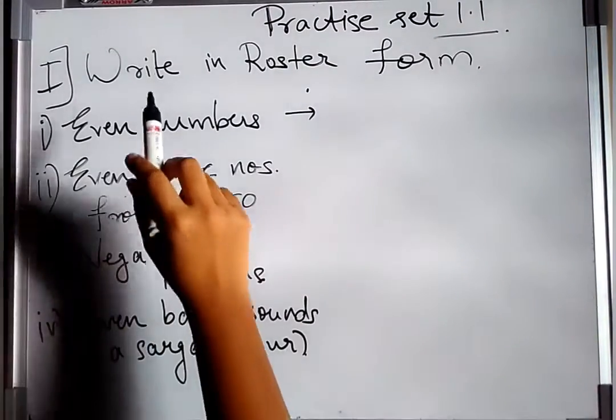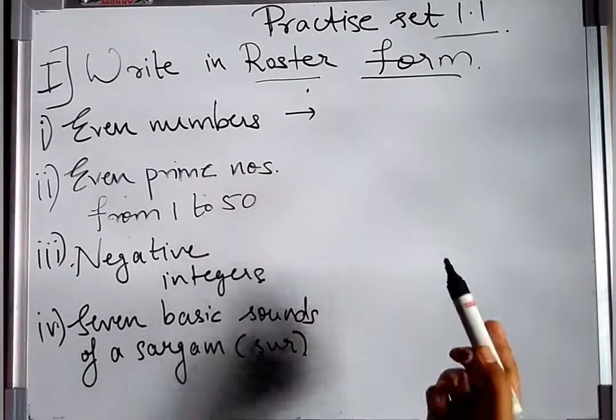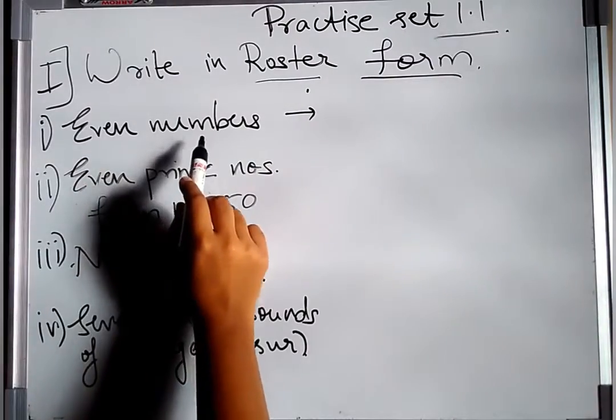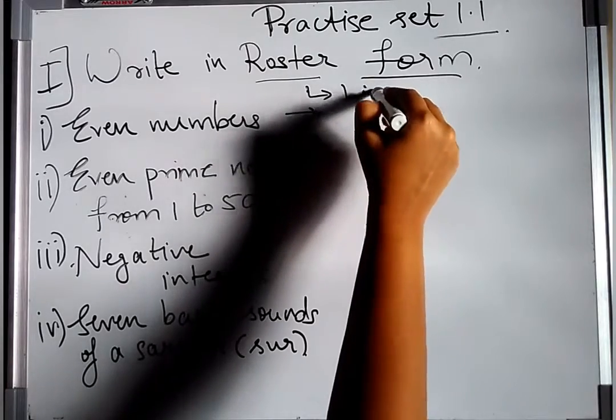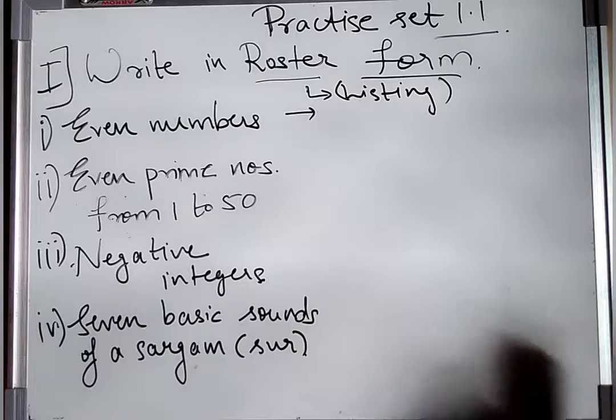The first question is, write the following sets in roster form. I have shortly written the question. The first is even numbers. The set of even numbers we have to write in roster or listing form.